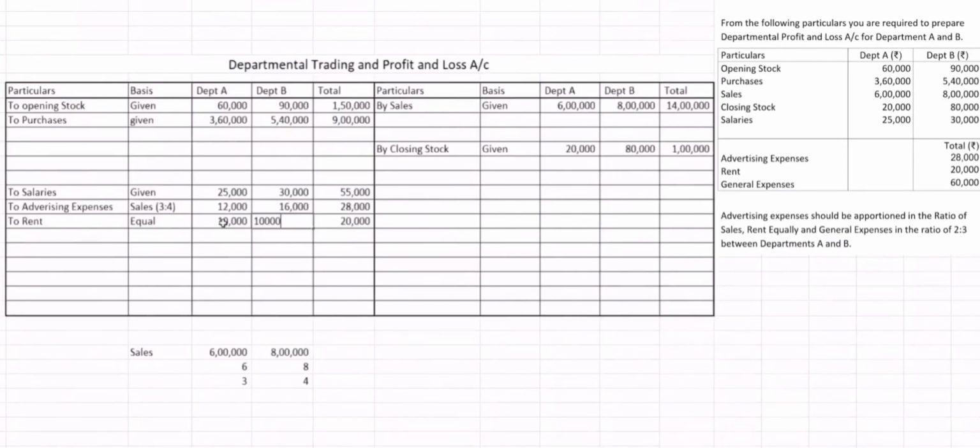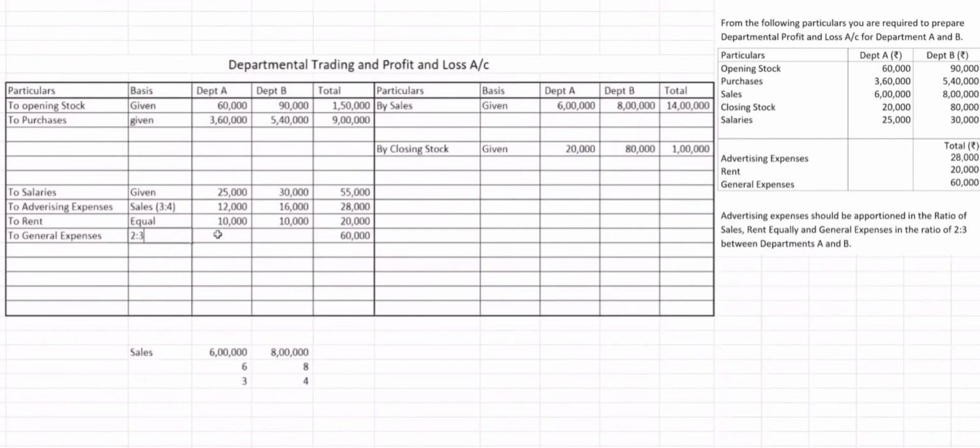Now next one is general expenses. So here again I'm writing to general expenses. Total amount for the same is rupees 60,000. And what they have said, general expenses in the ratio of 2:3 between department A and B. So here ratio they have given 2:3.